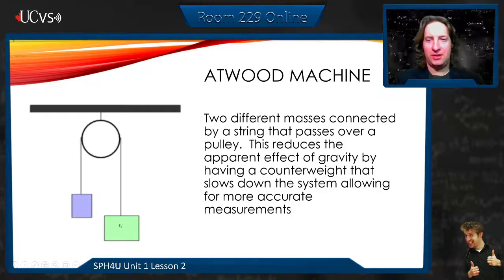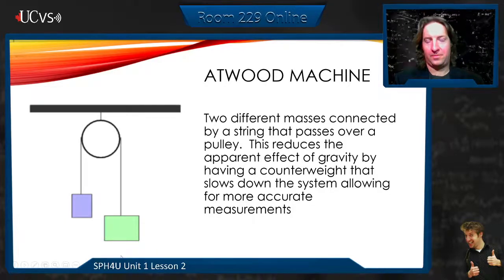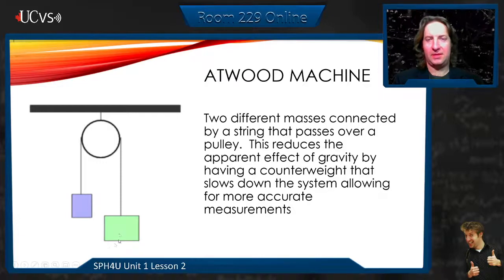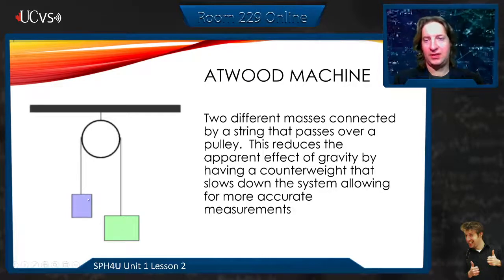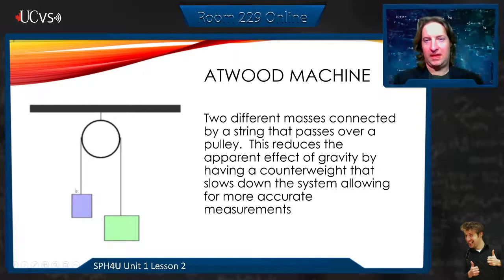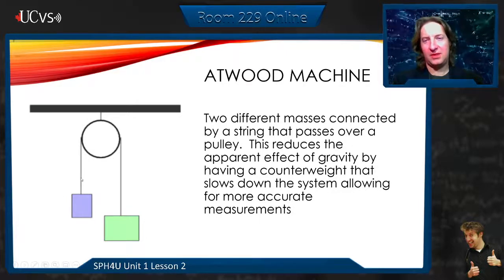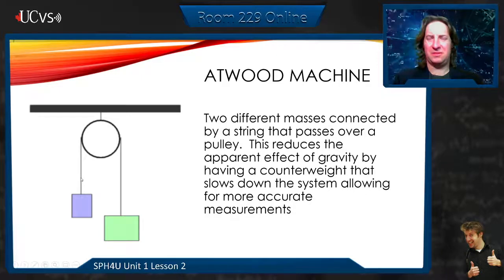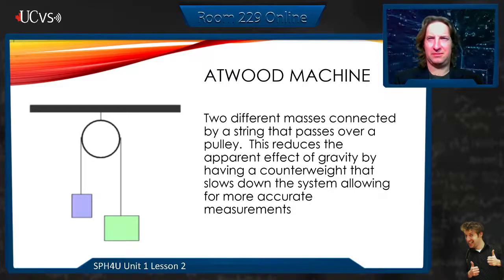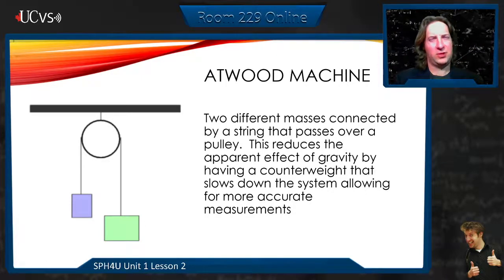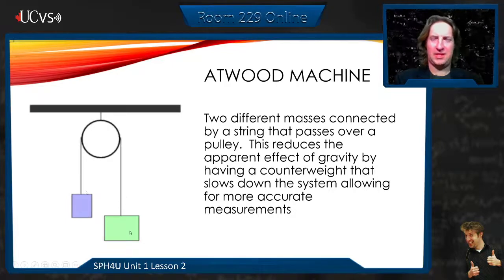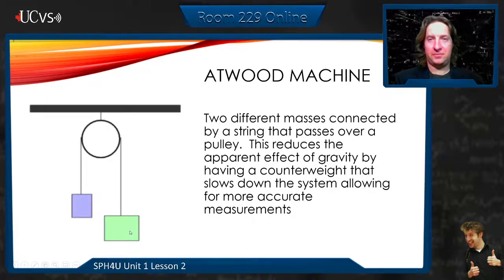Then the green block is going to be going down, and at the same time, the same amount of displacement in the vertical direction is going to be happening to the blue block, but in the opposite direction. So we're going to have to do something funny with which object is moving up and which one's down. It's going to be confusing.